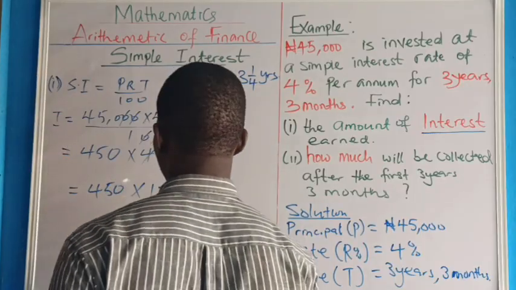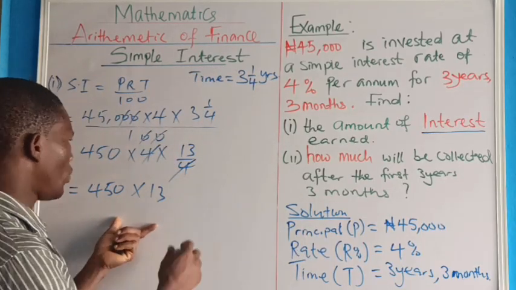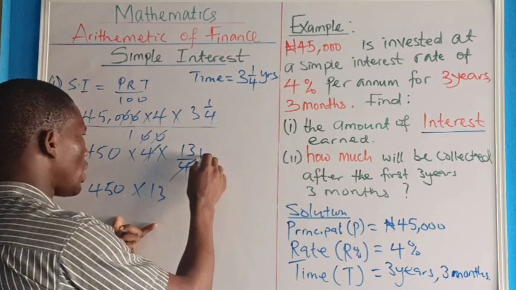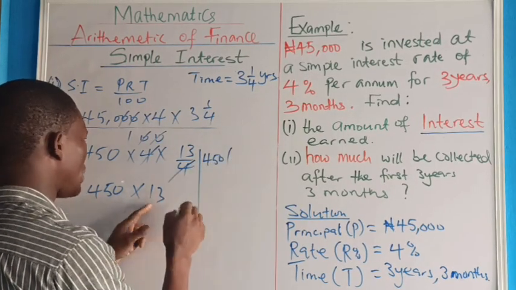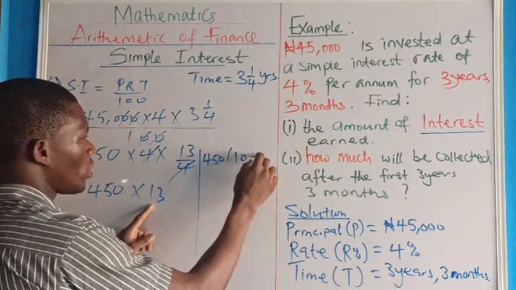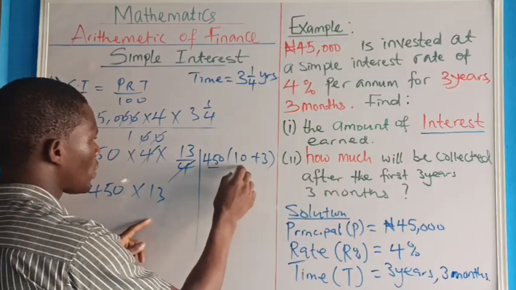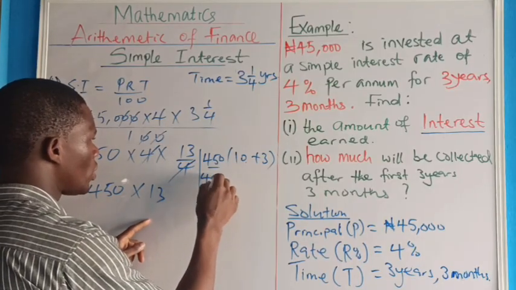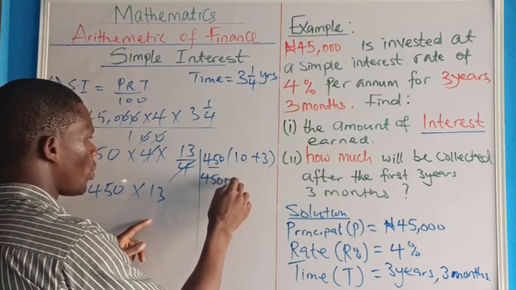Let me quickly multiply 450 times 13. 13 can be broken down into 10 plus 3. So 450 times 10, you just add one zero, which gives 4,500.